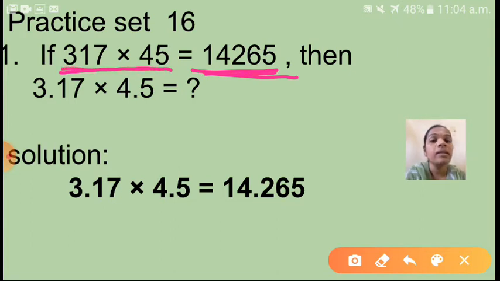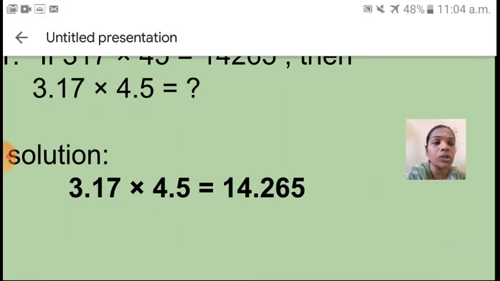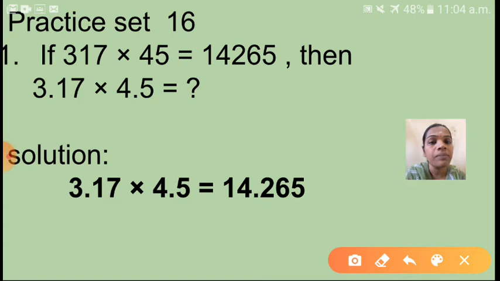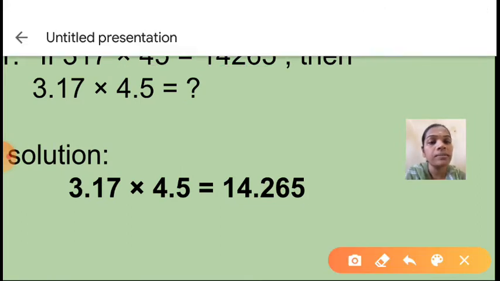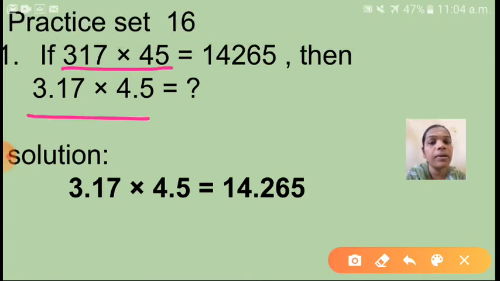Then you have to find what will come here, 3.17 into 4.5. Children, I hope you understood the question now. Question is 317 into 45 is equal to 14,265. That same number is here also, but here the decimal point is there. Did you notice that?